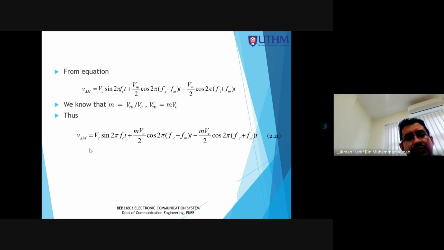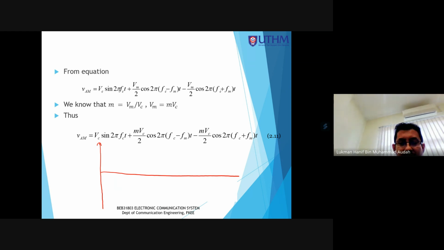So when you want to draw the waveform of AM, first you can draw the axis like this. So this is the axis V versus t, for example.